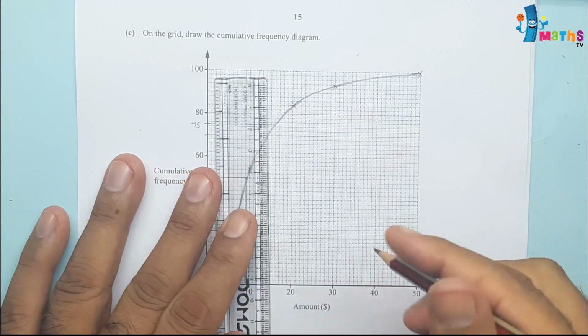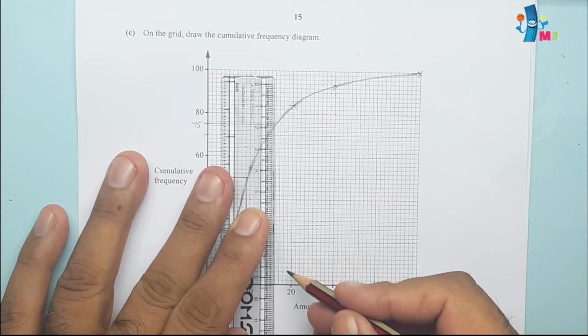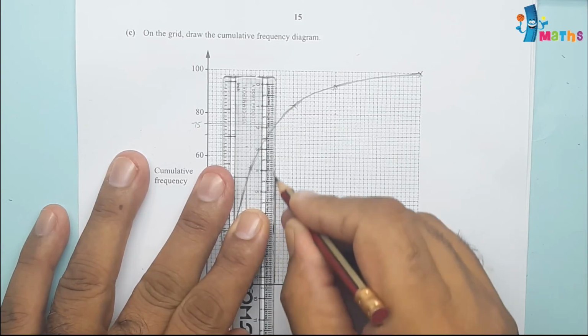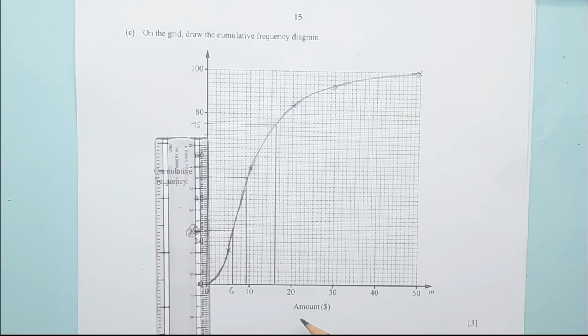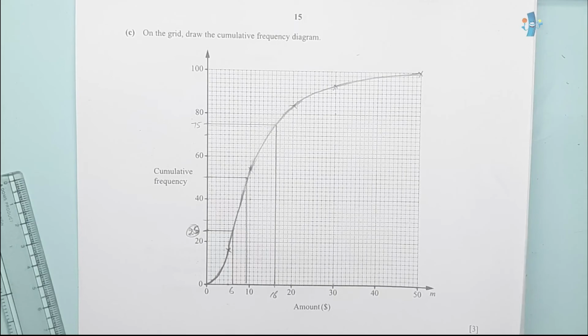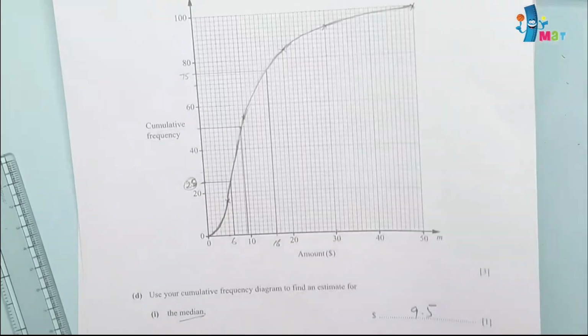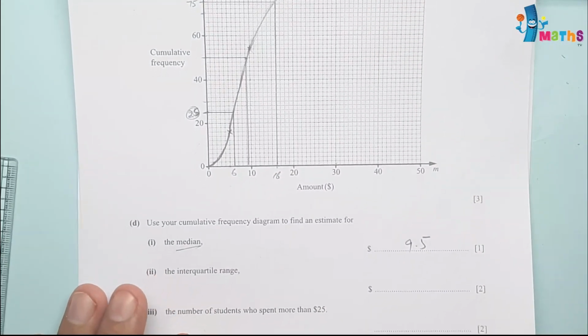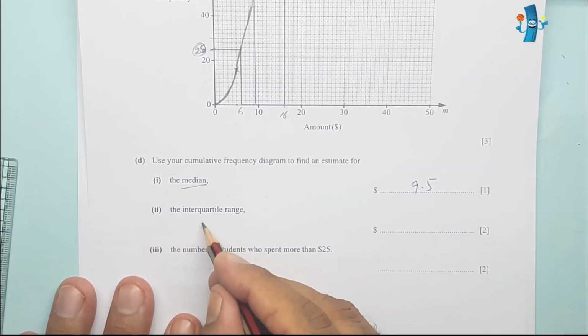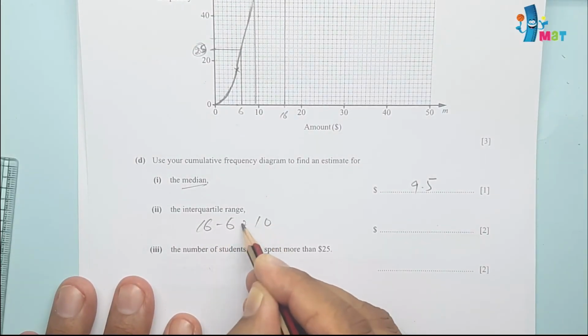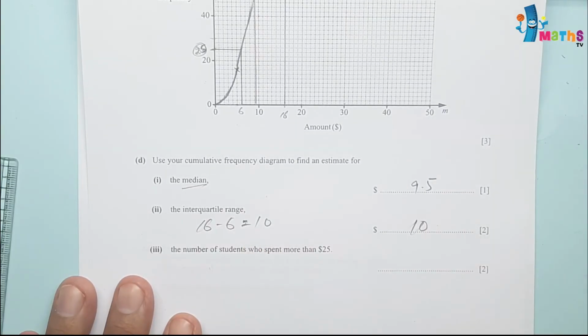So this one, and the x value will be over here. So this will be 10, 11, 12, 13, 14, 15 and 16. This is 16. So 16 minus 6. Interquartile range is 75th percentile minus 25th percentile. So this will be 16 minus 6, which is equal to 10. So we can write here value 10.